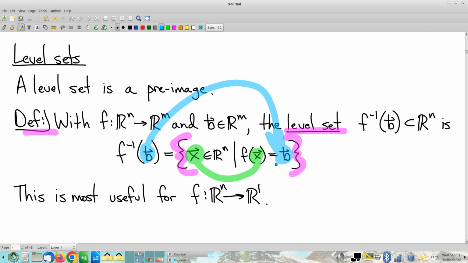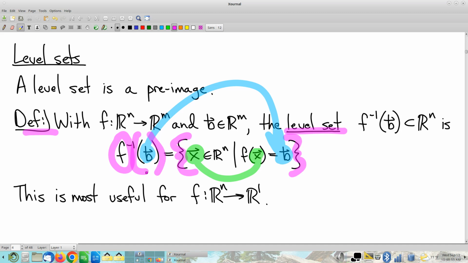But there is a moving backwards through the function aspect of this idea of pre-images, and thus this notation, f inverse, right? We say f inverse of a given output because given the output, we're asking what are the corresponding inputs. It's like we're going backwards through the function in some sense. Is that okay? Everybody okay?